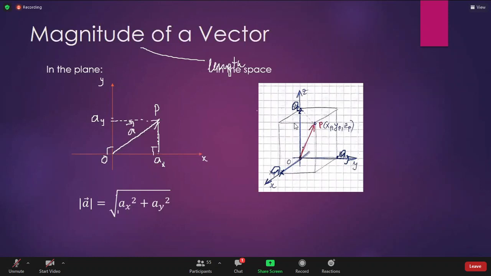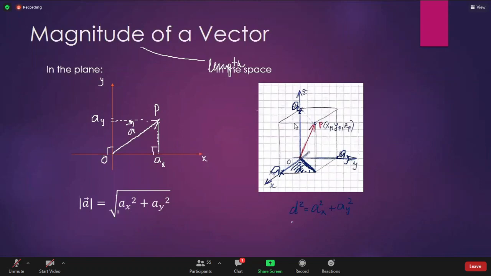For example, if I want to find the length of this small diagonal in the base of the rectangle, it will be the square root of AX squared plus AY squared. So D would be the square root, according to the Pythagorean theorem from this triangle, right?